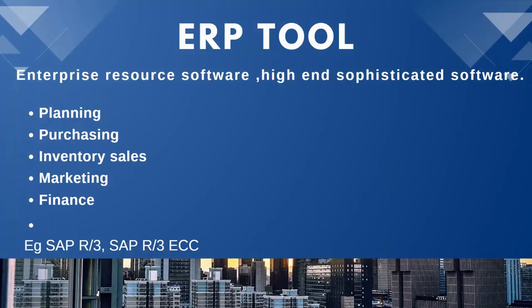Let me tell you about ERP. Enterprise Resource Software. It is a high-ended sophisticated software. Why is it called high-ended sophisticated software? I'll give you an example. For example, you run a company, and there are certain activities that you should do. Like you have to check for the materials, you have to plan for its production, you have to check whether these materials are available in the warehouse, you have to take sales orders, you have to track them, and you have to deliver them properly to the customer.